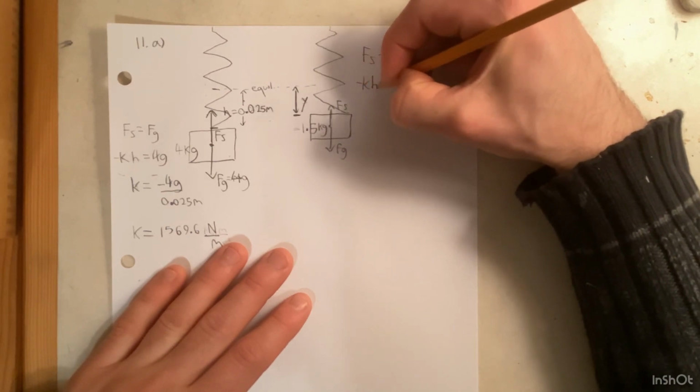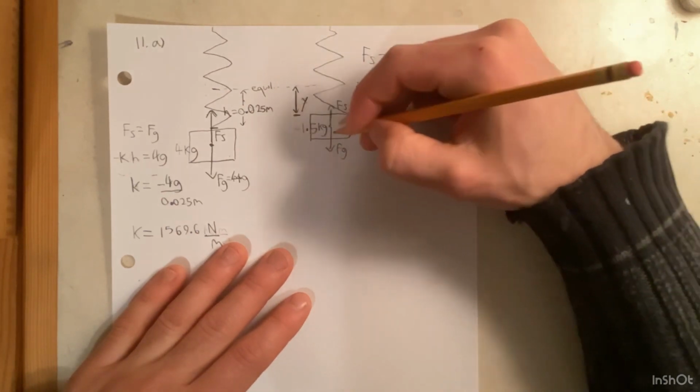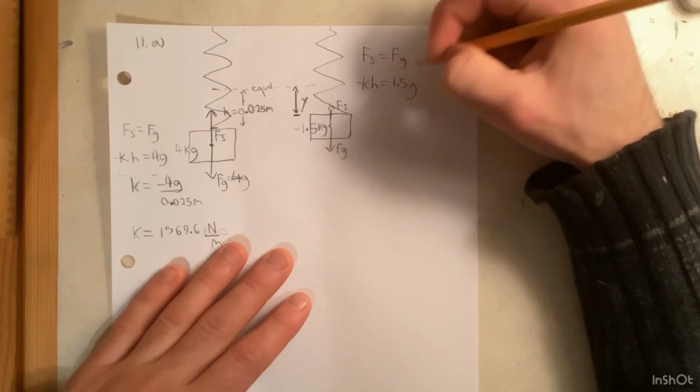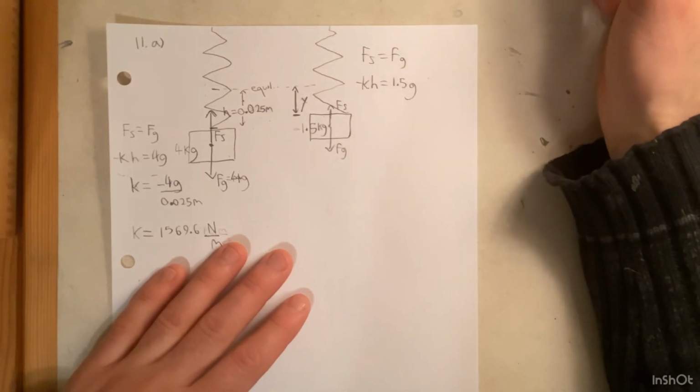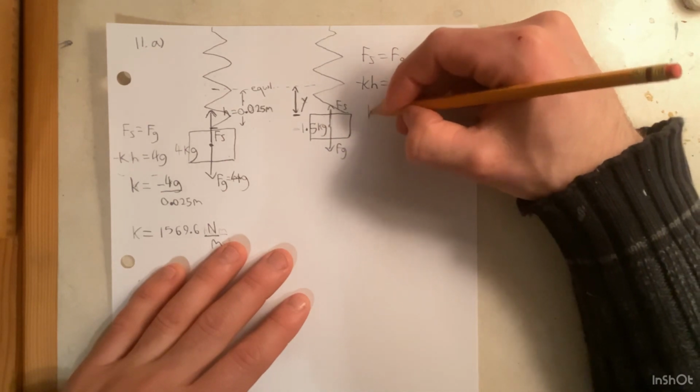Negative k h is going to be equal to, in this case, 1.5 g, and we want to solve for h.